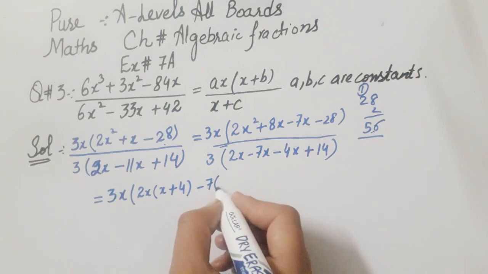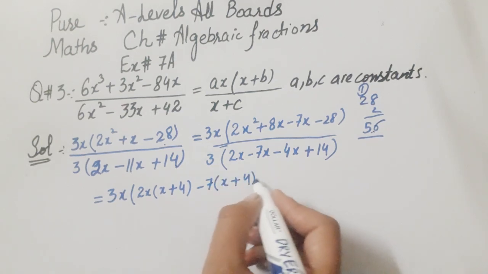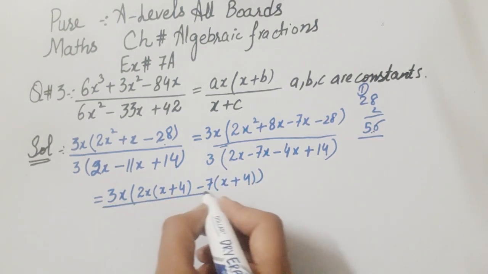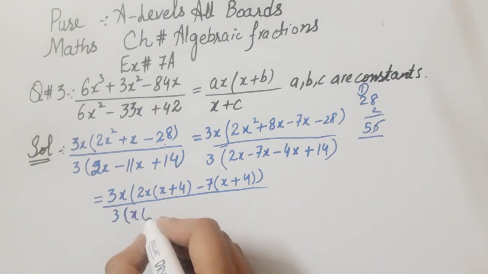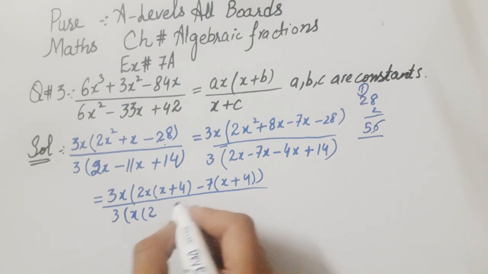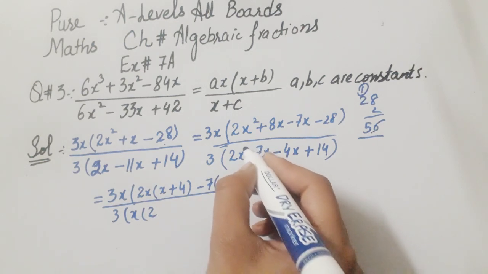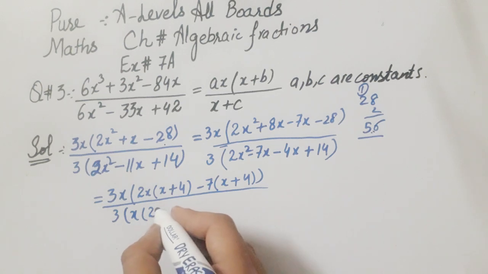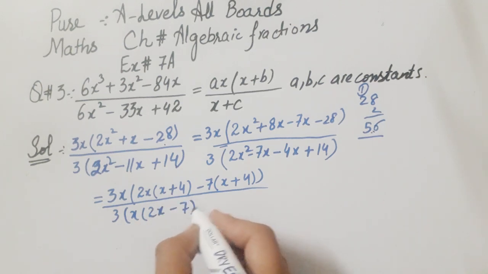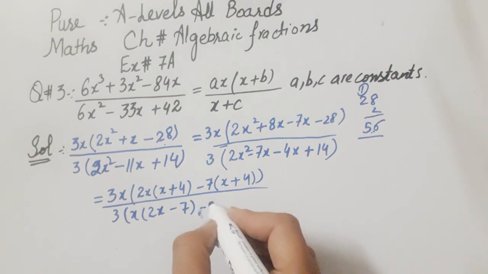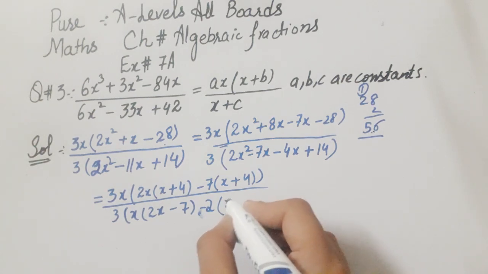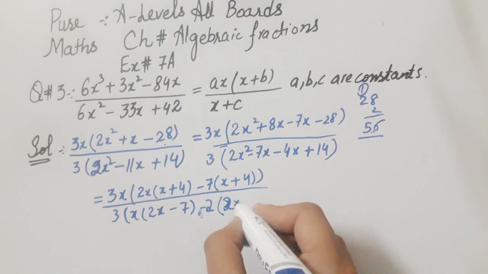Then take −7 common, the remaining is x + 4. Over 3 into, taking x as common, 2x − 7, and by taking −2 as common, the remaining is 2x − 7.